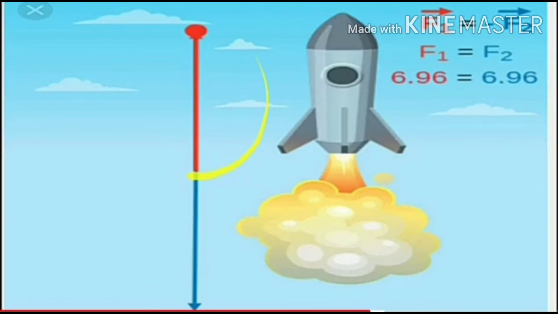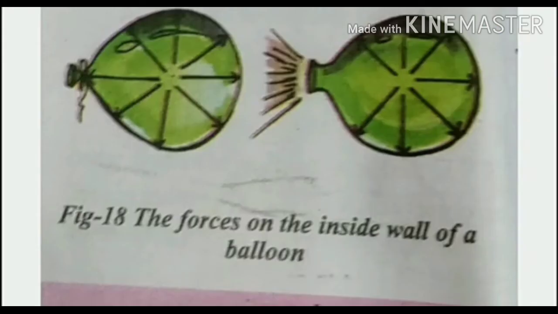Did you understand, children? These are the daily things which are going on. And here I am showing you a simple momentum example: a balloon. Instead of the rocket, take a balloon inflated with air, and I have tied the end of the balloon. Once I release it, what is happening there?